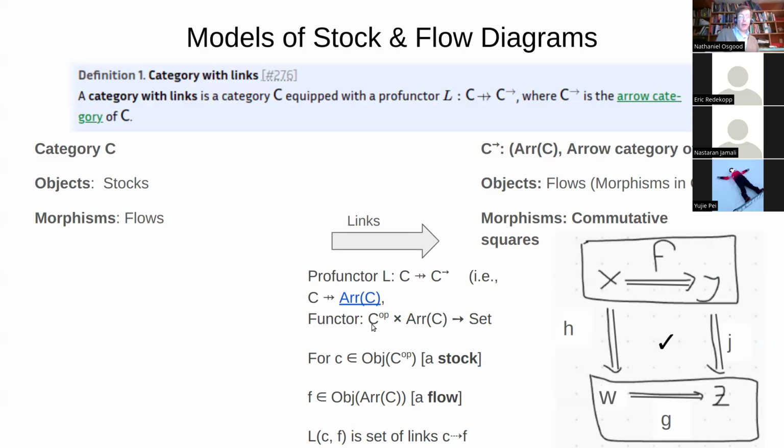An object in C op is the same thing as an object in what category? Can anyone fill in the blank? In C, exactly.